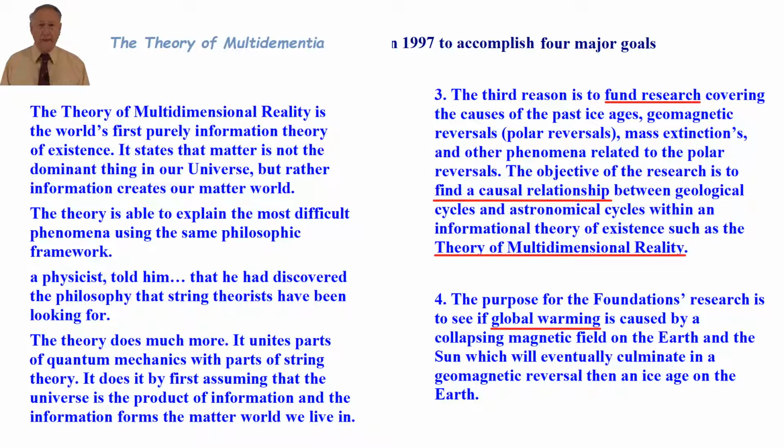Now you see where he's going with all this. It does it by first assuming that the universe is the product of information, and the information forms the matter world we live in. Okay, so you can see how this poor chap is going in that direction.